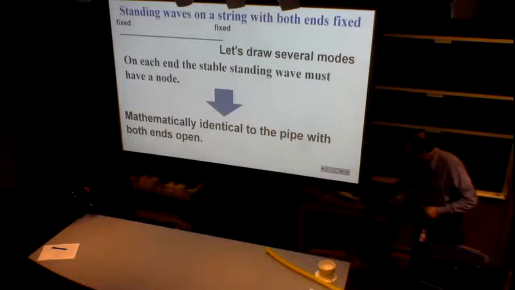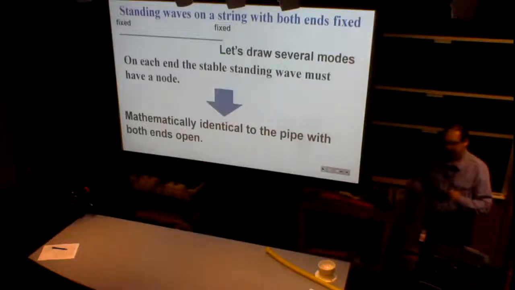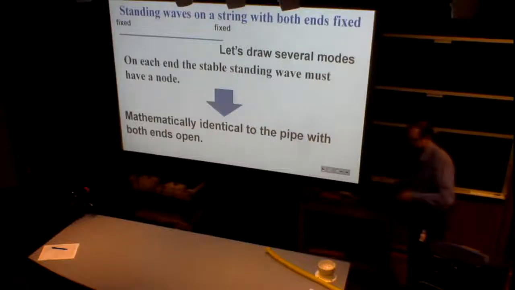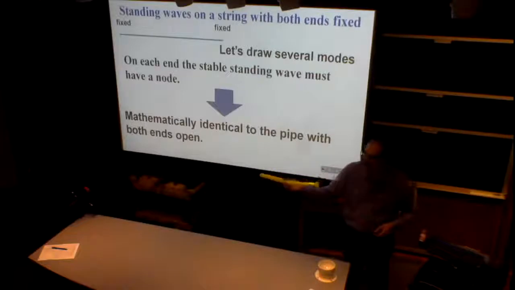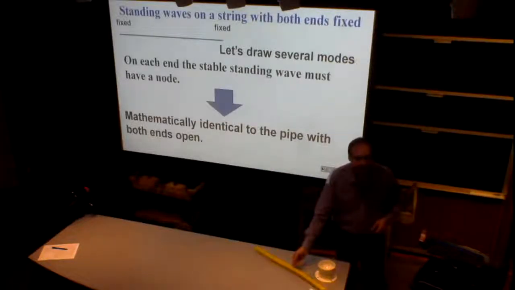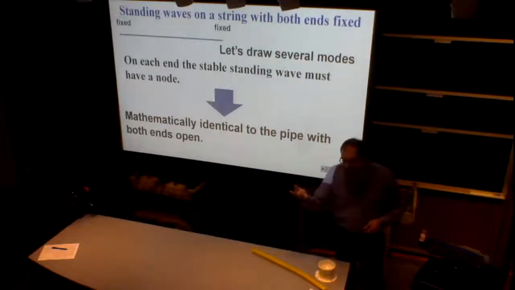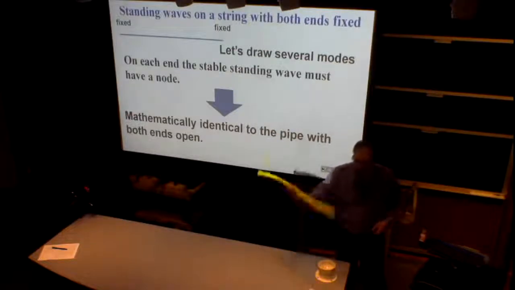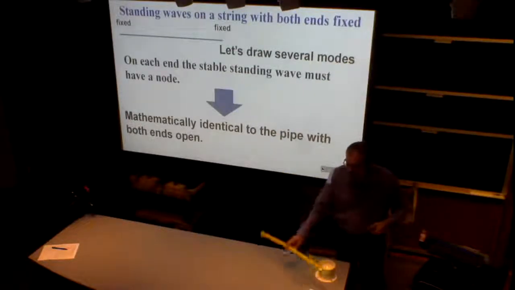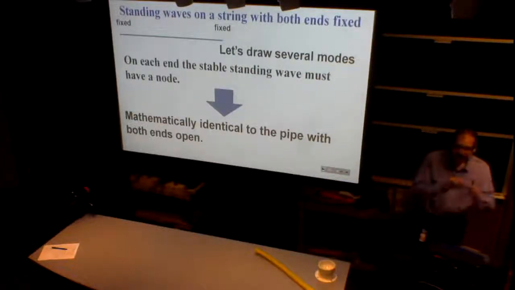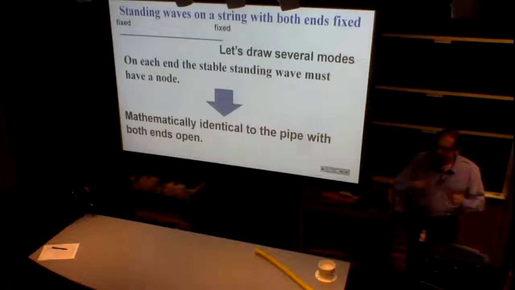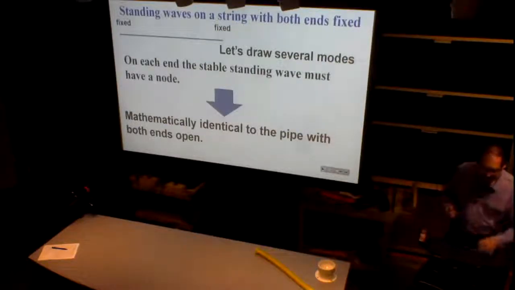So if you have a string, something like this, fixed ends, and if you have this called a bluegill, if you have a bluegill, mathematics is exactly the same. What is the difference? Well, how do we calculate or measure speed? For the bluegill, the speed represents the speed of sound in this room. For a string, speed v represents the speed on a string, square root of tension over linear density.